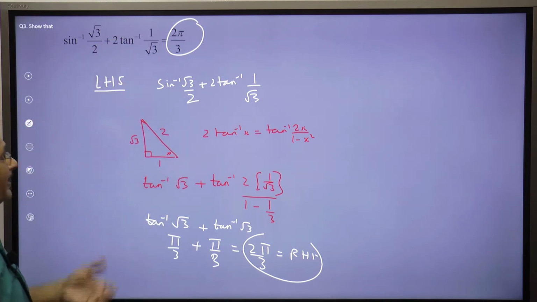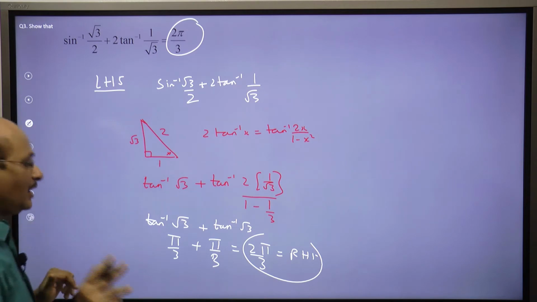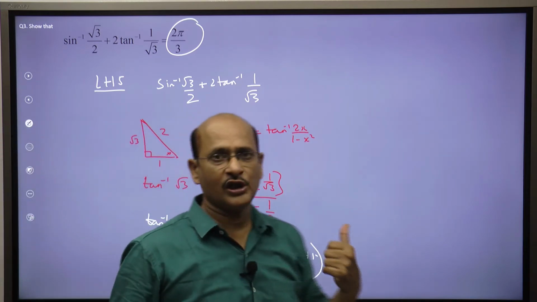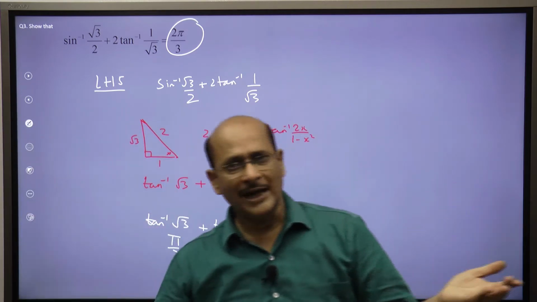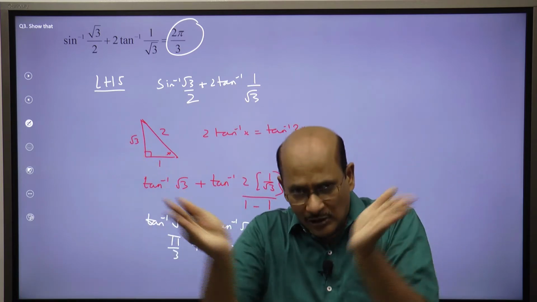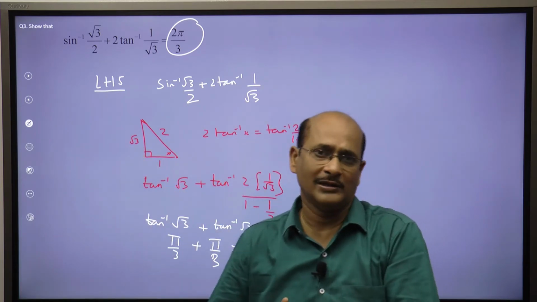RHS is 2 pi by 3. So basically what I am trying to tell you, whenever you are proving, please understand, like what I did in the previous question, you converted both the sides into the same inverse ratios, and using the concept of equality you try to solve the sum.